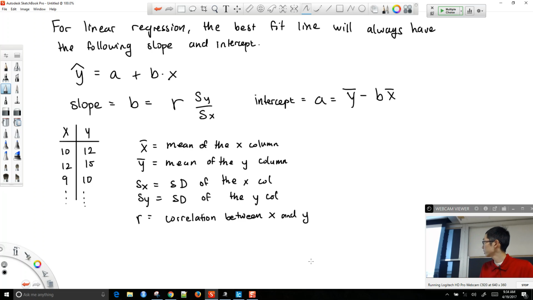With linear regression, we are always trying to use the x variable to make a prediction for the y variable. So in trying to decide which one is our x and which one is our y, we always use x to make a prediction for y.